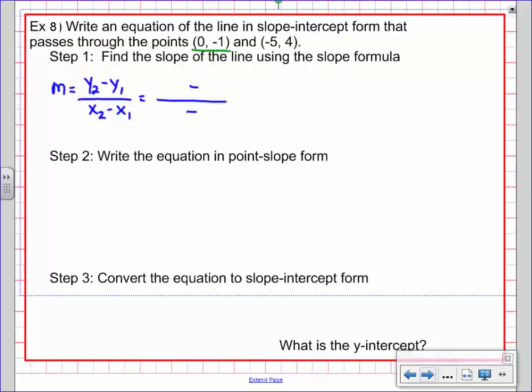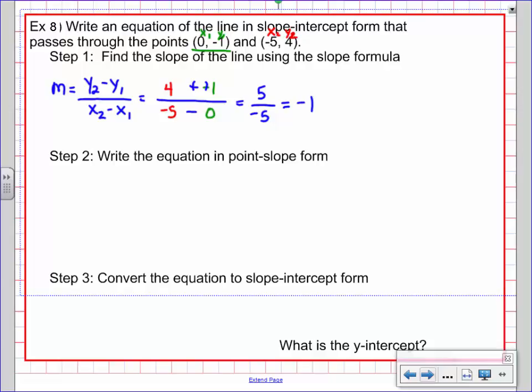So our first point, x1, y1, is (0, -1). And our second point, x2, y2, is (-5, 4). And then we simplify. So 4 minus a -1 is really +1. So that's 5 over -5 minus 0 is -5, which means our slope is -1.